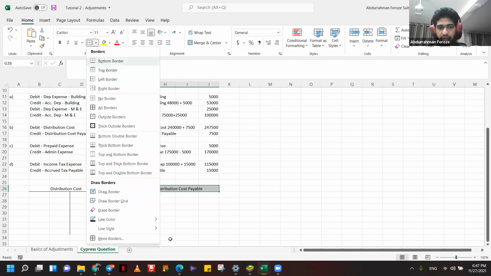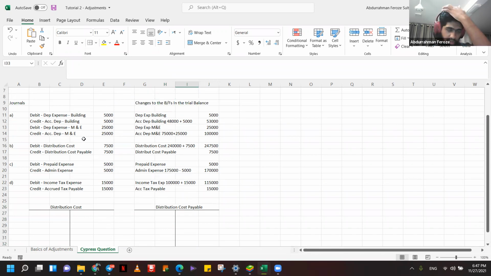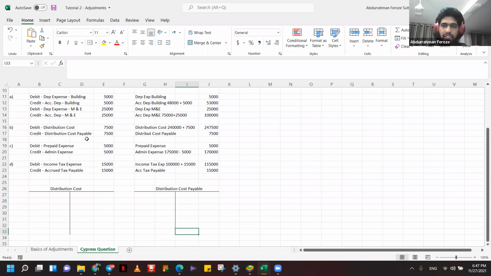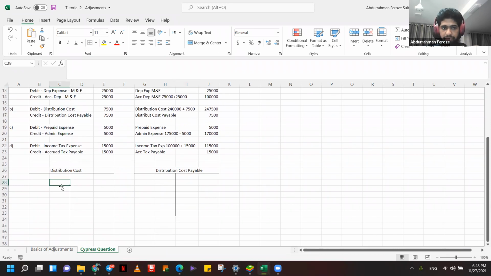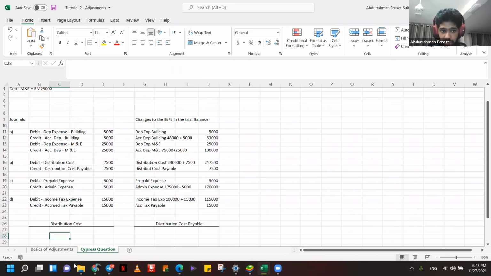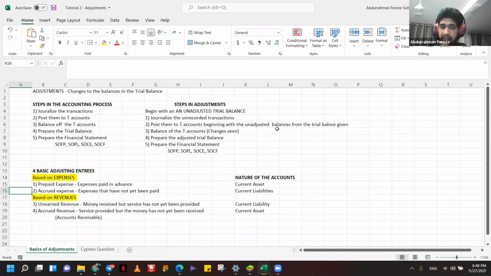But the reason why I do not do this is I think it's a waste of time. It's not necessary. Once you make the journals, it's very easy to understand where the changes need to be made. Basically, T accounts are the same thing. So here, distribution cost. As was shown here, you have to post them to the T accounts beginning with the unadjusted balance from the trial balance.